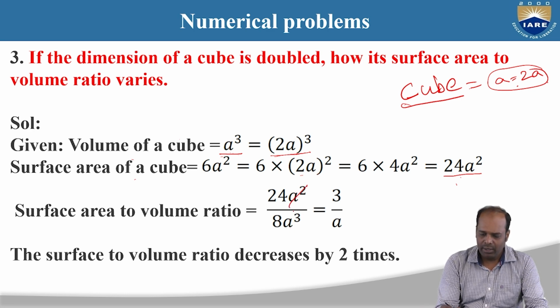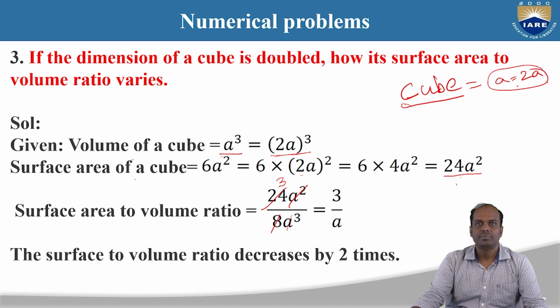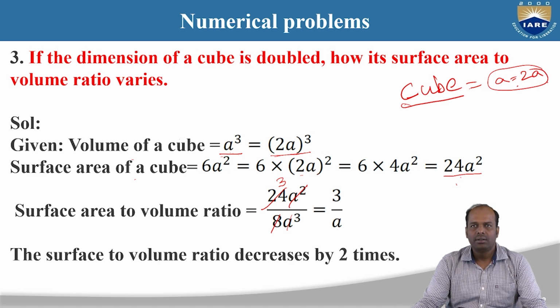The a square gets cancelled. 8 threes are 24, so 3 by a remains. So the surface area to volume ratio decreases by how many times? It is 2 times. That's all. So it is justified.